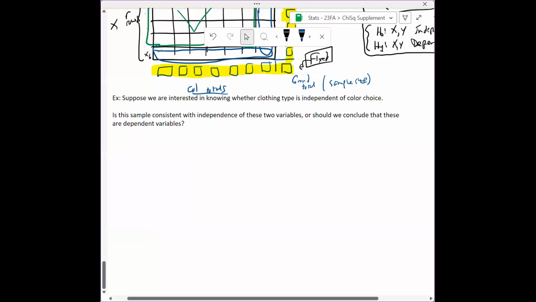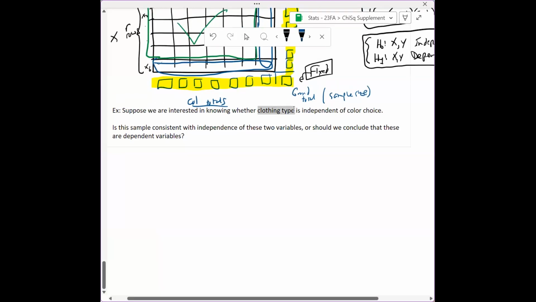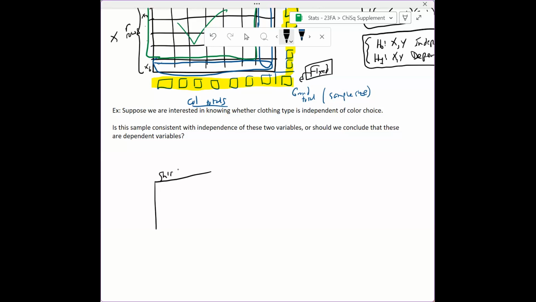Okay, so suppose we're interested in knowing whether clothing type is independent of color choice. And we want to know, is this sample consistent with independence of these two variables? So suppose we get the following sample. So we get shirt versus pants for type, and for color, we get red versus green.